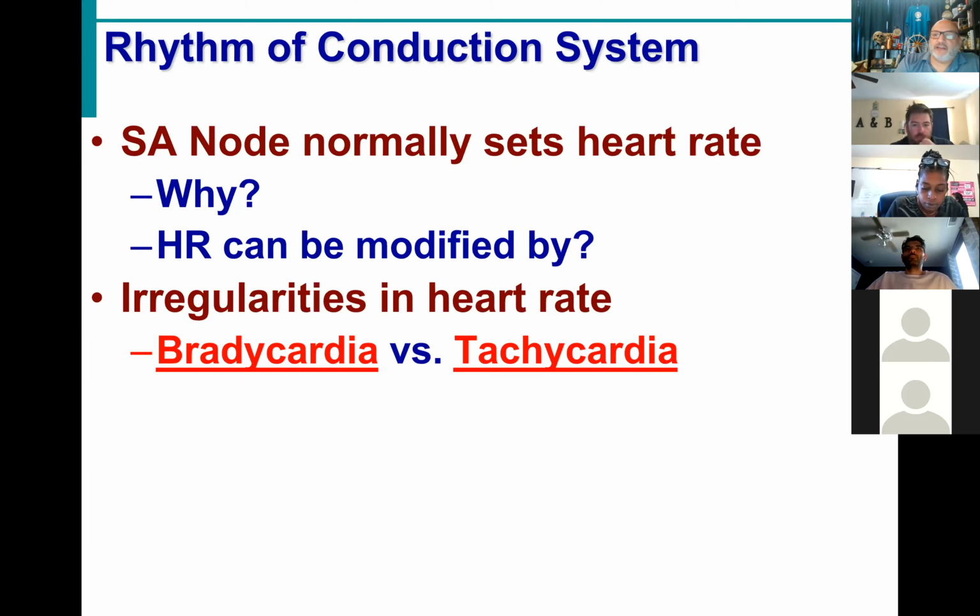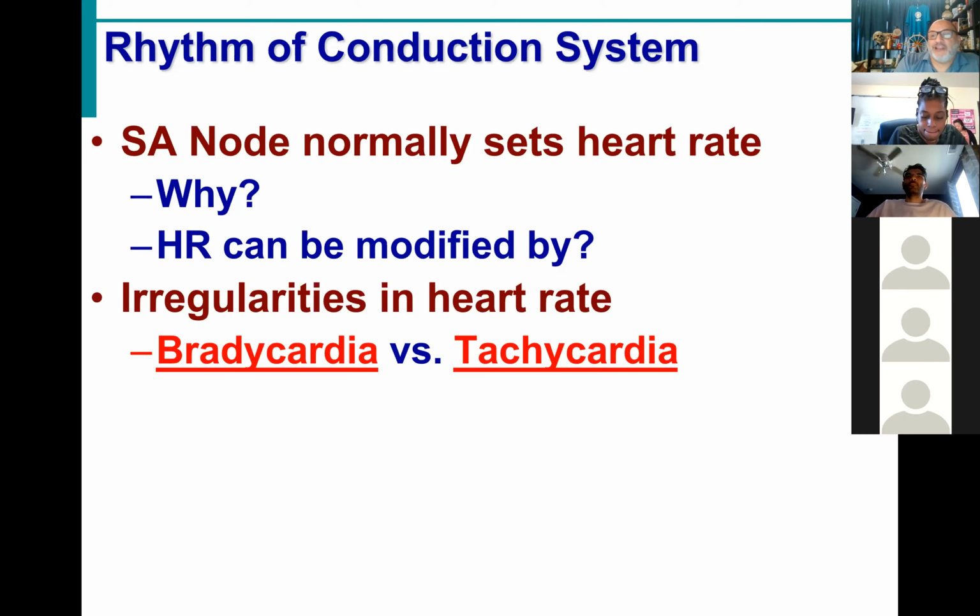There you go, absolutely. If I am running in a triathlon, would it be appropriate for me to have a rate of 130 beats per minute? Yeah, absolutely. If I'm relaxing in a bathtub, should I have a heart rate of 130 beats per minute? No. And that's kind of the point I want to make.